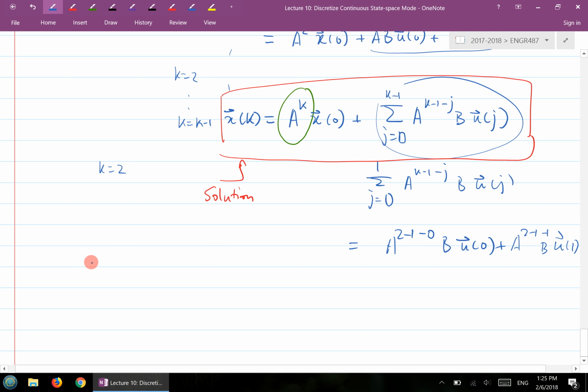This matrix here, we're going to define phi of k equal to A to the power of k, and it is called the state transition matrix. The state transition matrix is a very important matrix. Why?